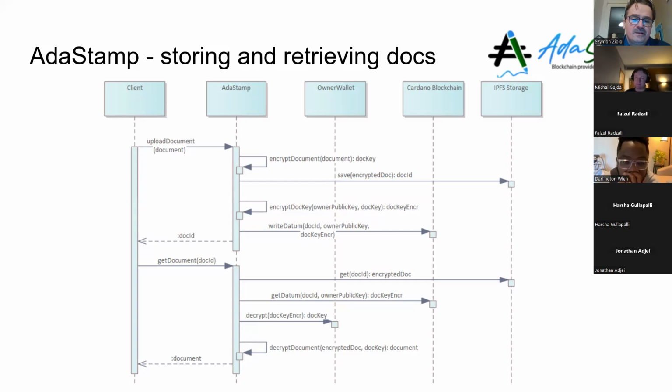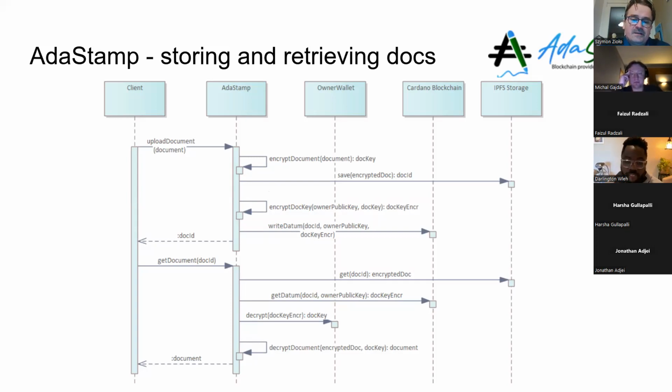I don't want to describe this diagram in great detail, but the idea is that the document contents have to be encrypted, so that just the owner and the people that the owner gives rights will be able to decrypt and read the document.